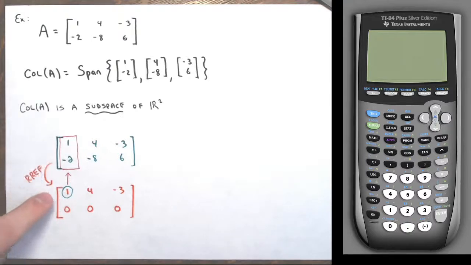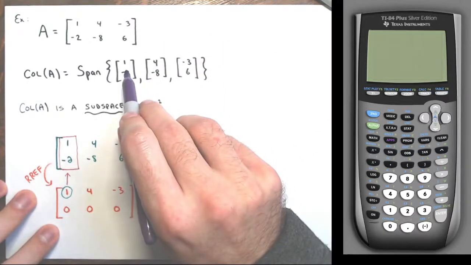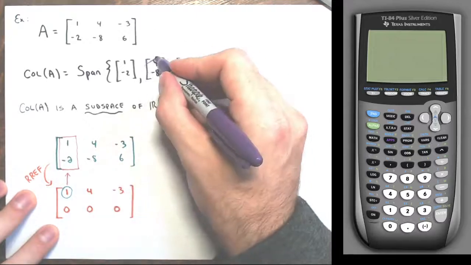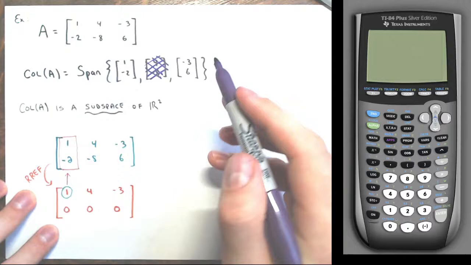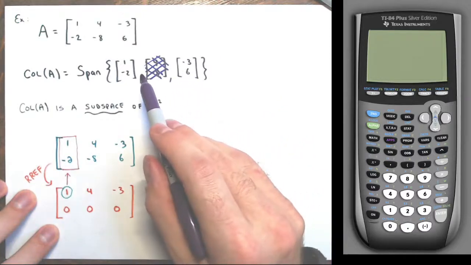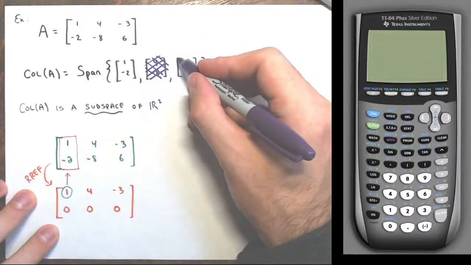They'll put it in reduced row echelon form, and then just take the pivot columns of that form themselves as the basis, but that's not the case. So let me go through this here. You can tell that (4, -8) is just 4 times that first vector, so I don't need it. Scratch it out. And (-3, 6) is also just -3 times the first vector, (1, -2), so I don't need that one either.